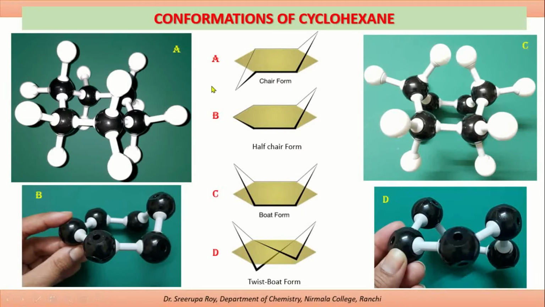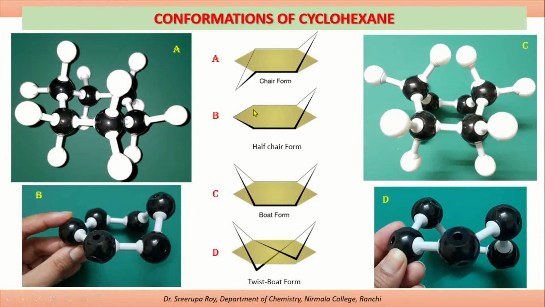Now, these are the corresponding Fischer projections of the three-dimensional ball and stick model. The ball and stick model is just for understanding purpose. When we are going to write the structure in our notebook, we have to write this structure.